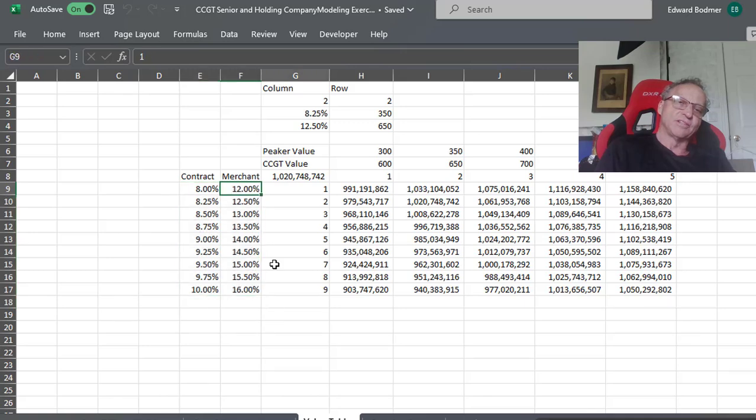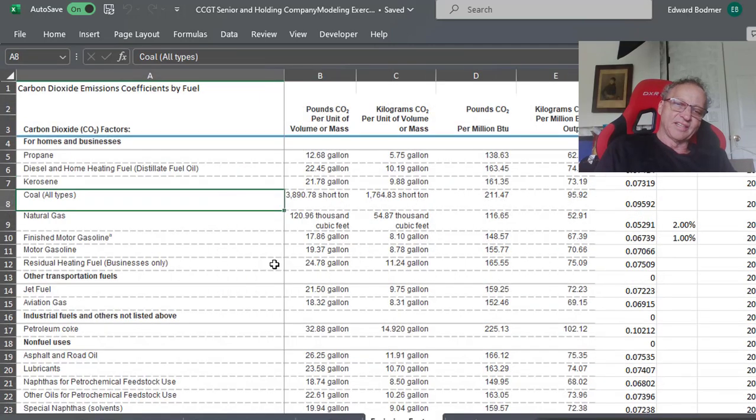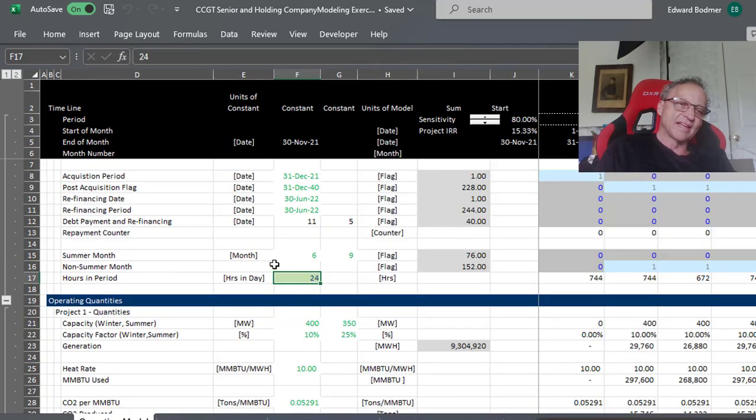So how would you kind of set up a nice little data table to get that? And then I have the emission factors here.